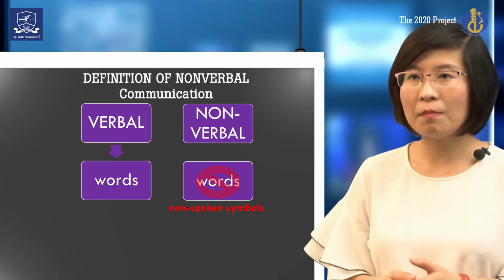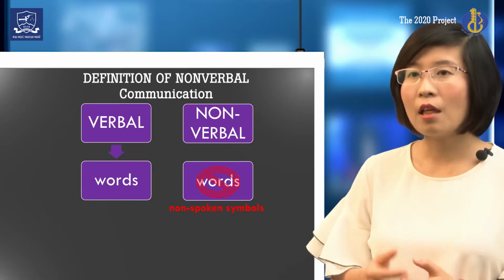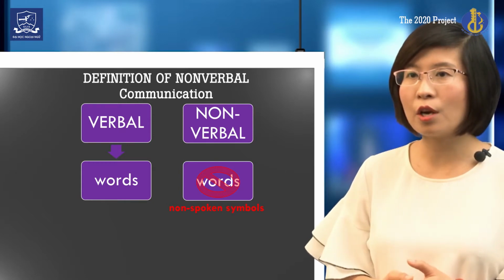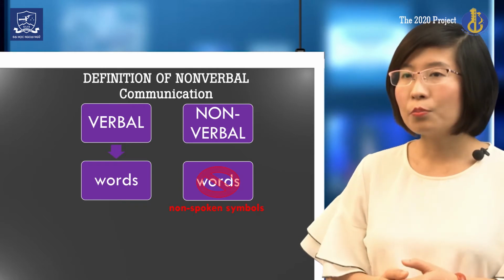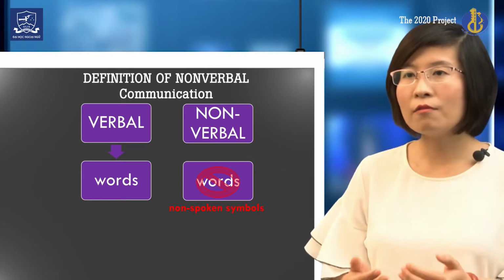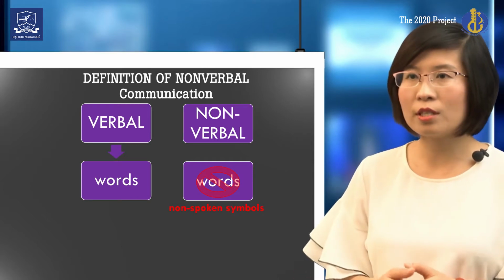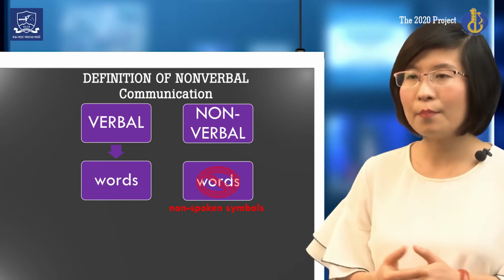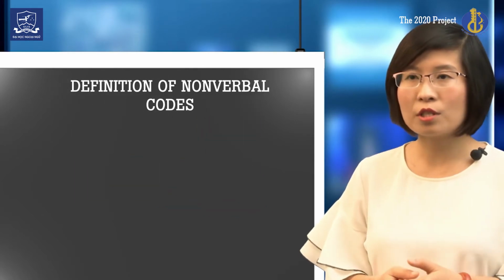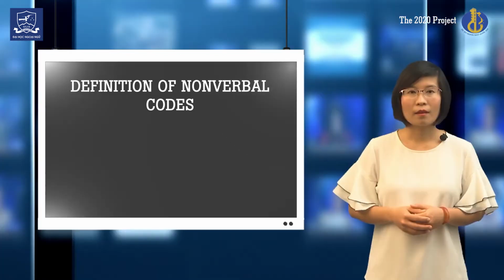Nonverbal communication may mean everything else but words, including the tone of your voice if you are using verbal communication. So, put it another way, nonverbal communication refers to the use of non-spoken symbols or non-linguistic means to communicate a message. So, what are the nonverbal symbols that we use to exchange information?